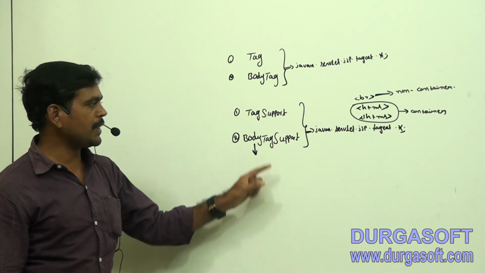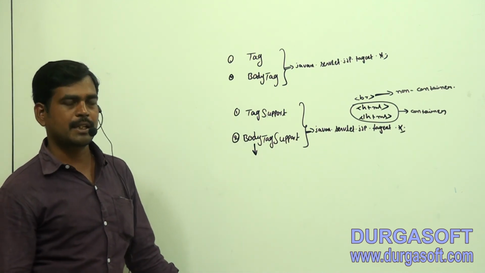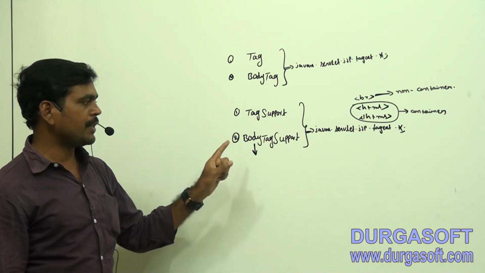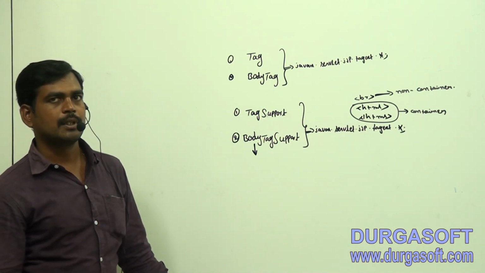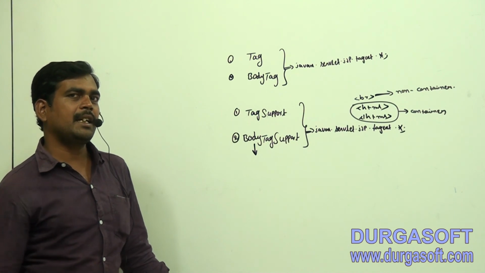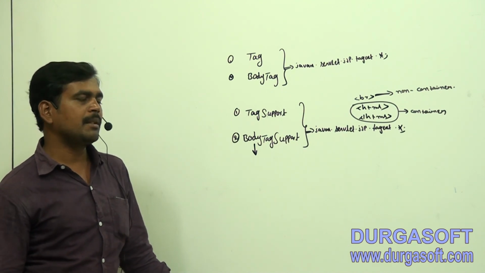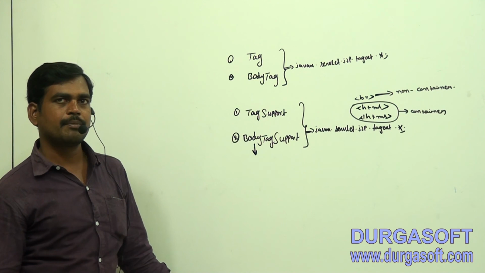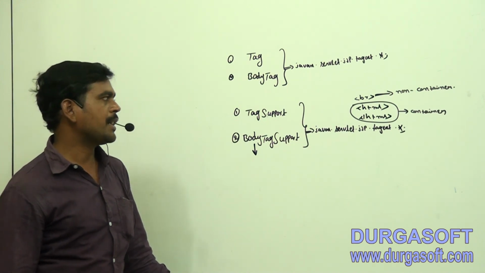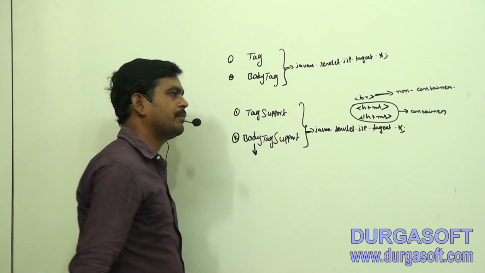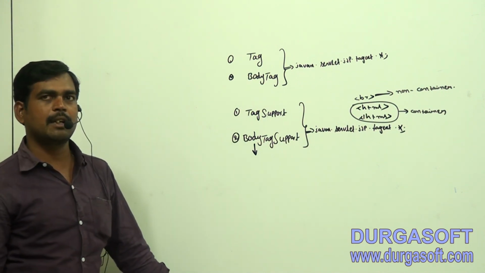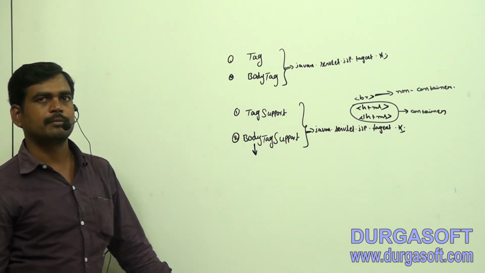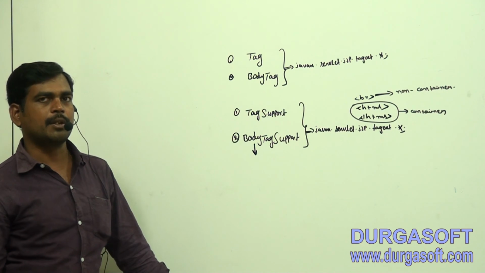That business logic we can write inside this class by extending BodyTagSupport. If you don't want any business logic within the tag, then we have to extend our class to the TagSupport class and we can develop the coding.